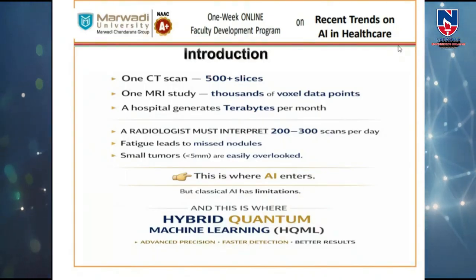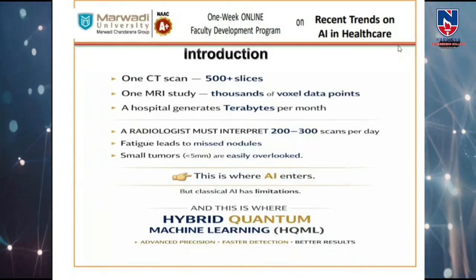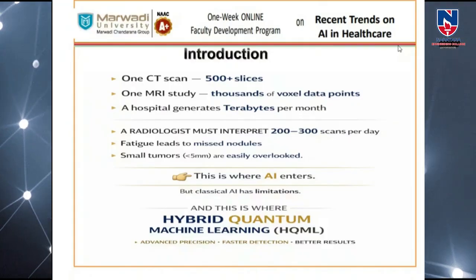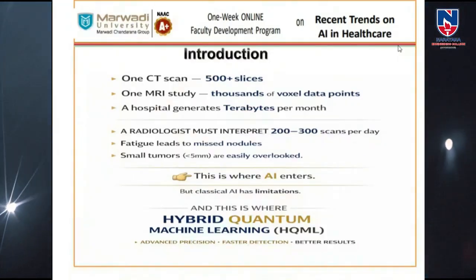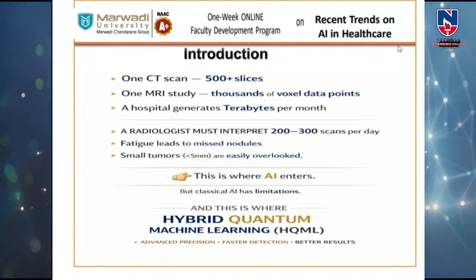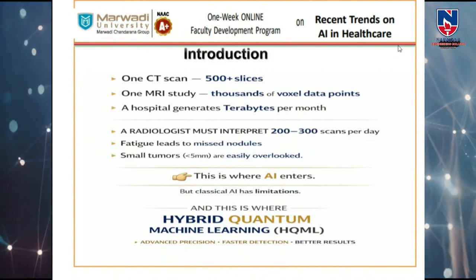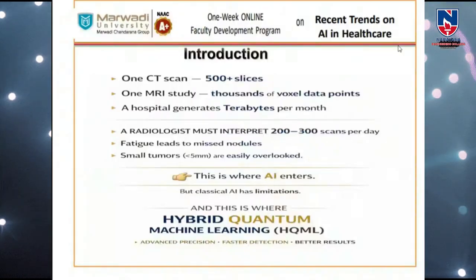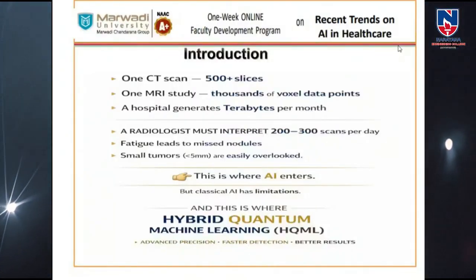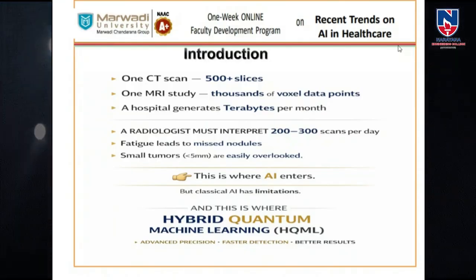But this is where AI enters. Of course, as of today, AI is applied to medical imaging, but there are a lot of limitations. As you know, accuracy and reliability are key factors, since any misleading result could cost a human life. That's why, unlike other fields, the application of AI in medical imaging is one of the challenging tasks.